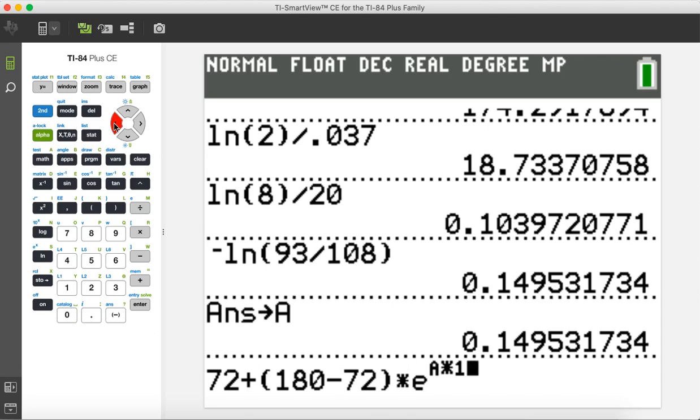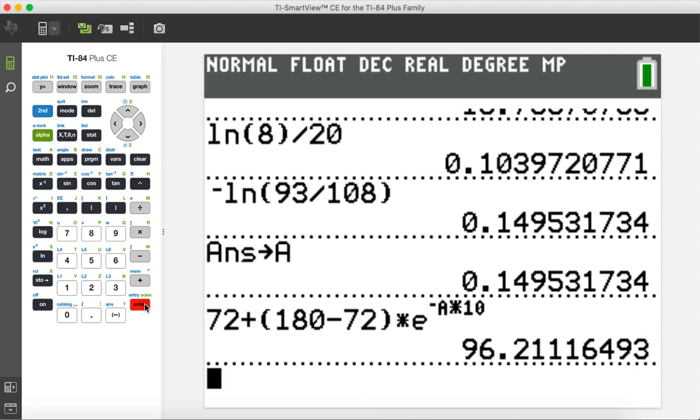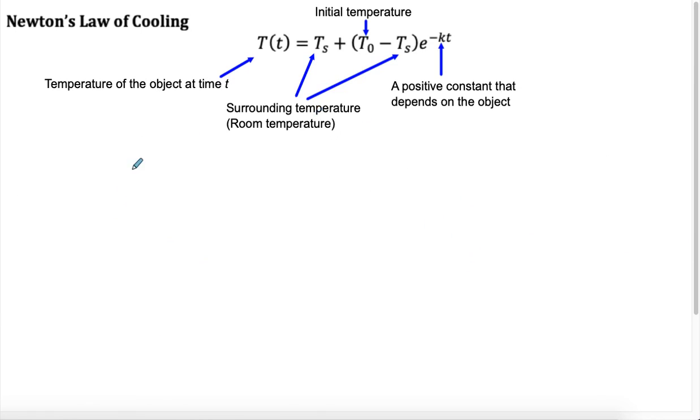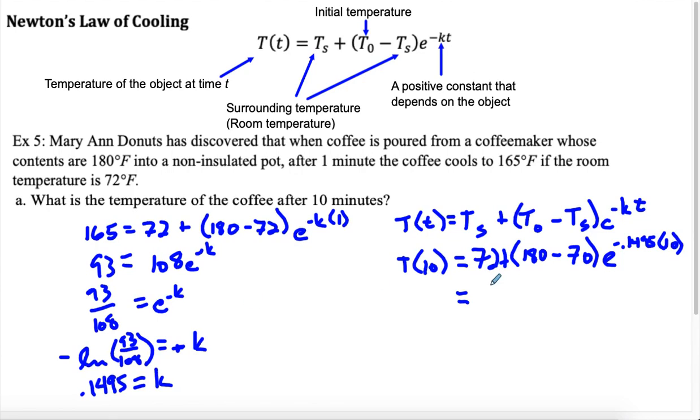Oops, I forgot my negative sign. Insert my negative sign there. There we go. So 72 plus 180 minus 72 times e to the negative k times 10 power. So the temperature of the coffee after 10 minutes is going to be 96.211 degrees.